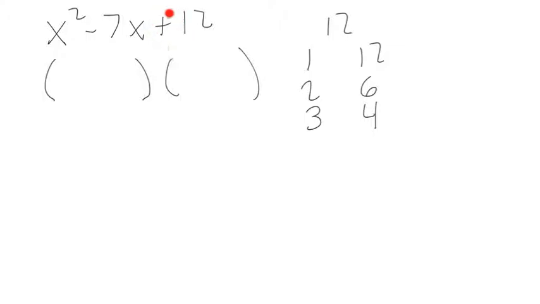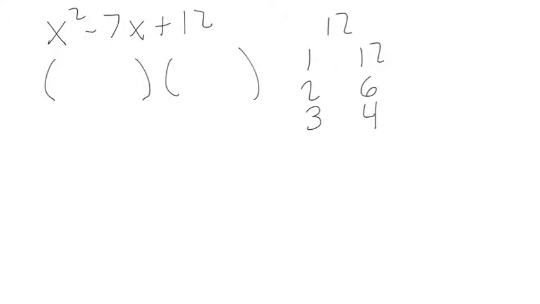Now, since this number is positive, we know that a positive times a positive will give us a positive. But is there any way we could add two positives and result in a negative? No. So if we can't add two positives to get a negative, what can we multiply together that when added together is going to give us a negative?